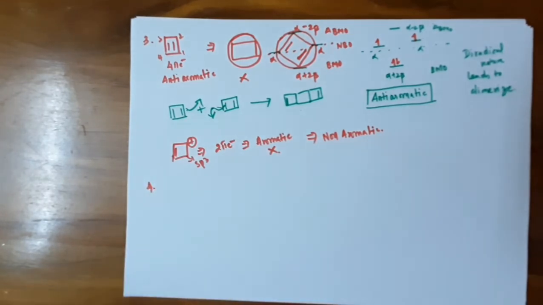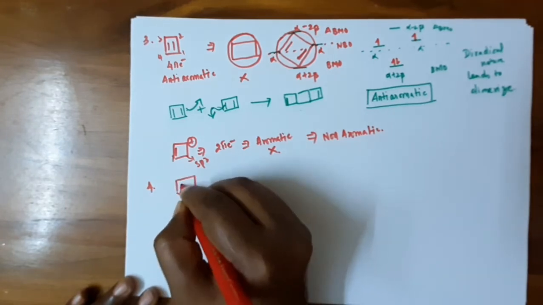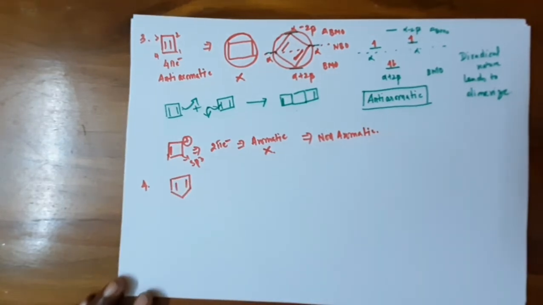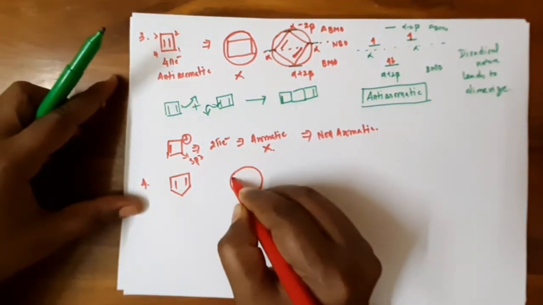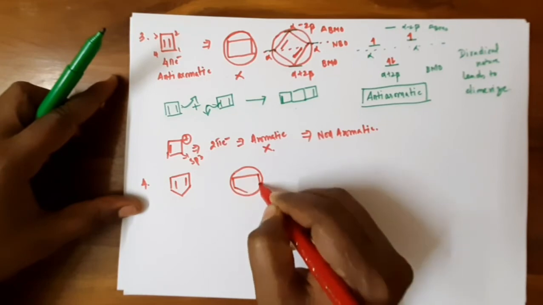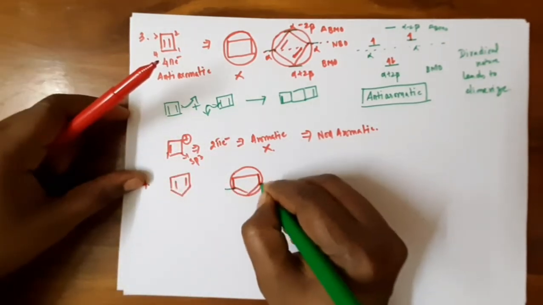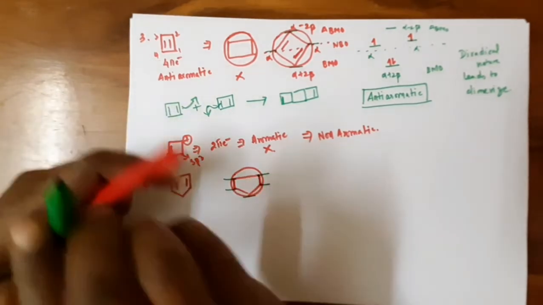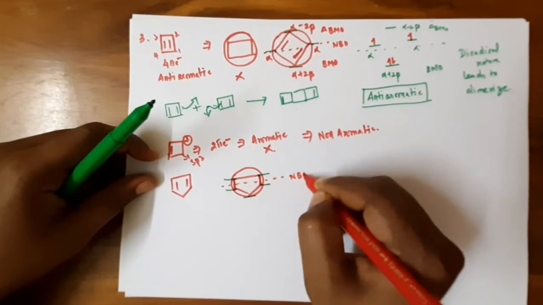Let's go for the 5-member ring system, cyclopentadiene. If you draw the Frost circle for this, draw the energy levels, draw the center line, that is the horizontal line, which represents the non-bonding orbital.